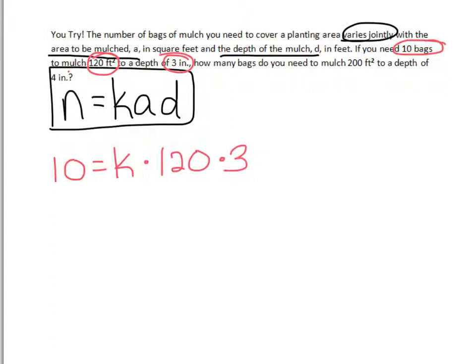And there is a typo here, so let's go ahead and fix that. This should be in inches, not feet. So let's go back to the problem. So now we have 10 equals K. Well, 120 times 3 is 360. So to solve for K, we're going to divide by that 360.